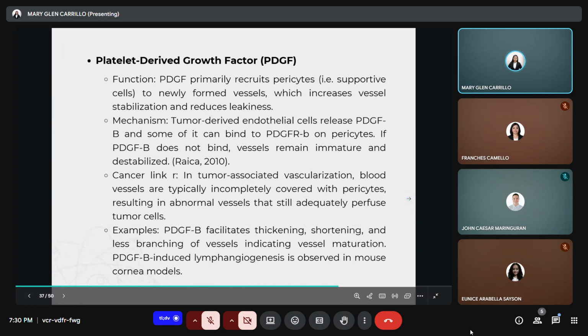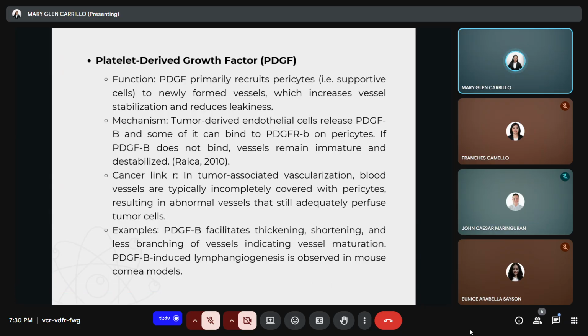And moving on to the next gene that promotes vascularization, the platelet-derived growth factor. PDGF primarily recruits pericytes, the supportive cells of the newly formed vessels, which increases vessel stabilization and reduces leakiness. So its main job is to recruit pericytes.